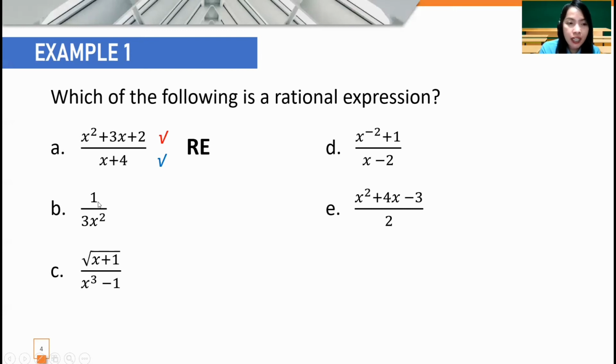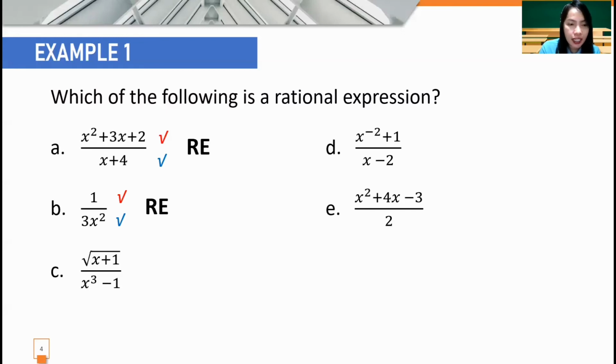When you say constant, a number without a variable beside it. So 1 is also a polynomial. So check. In the denominator, 3x squared, the exponent of x variable is 2, and 2 is a positive integer as one of the conditions para sa polynomial. So, check. Letter B is a rational expression.